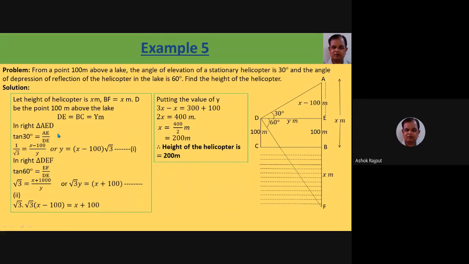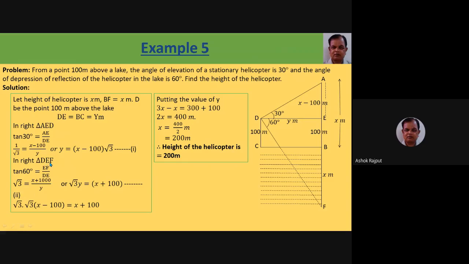Now in right triangle AED, tan 30 equal to AE upon DE. The value of tan 30 is 1 by root 3. It is x minus 100 by y. By cross product, the value of y is x minus 100 multiplied by root 3.